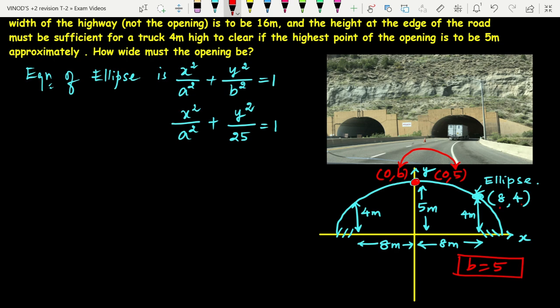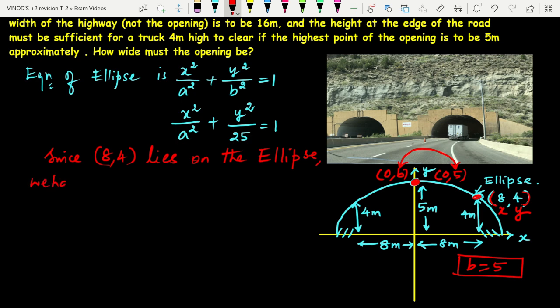So we have to substitute the x coordinate and y coordinate. For that, we'll substitute x with 8 and y with 4. Because this 8 comma 4 is a point on the ellipse, since 8 comma 4 lies on the ellipse, we have to replace x with 8 and y with 4.